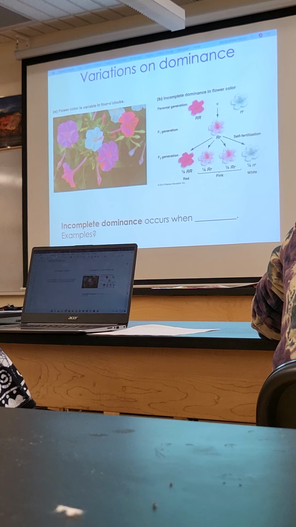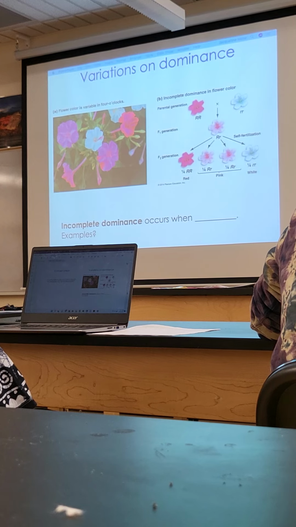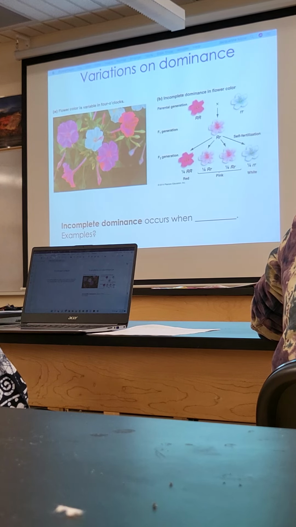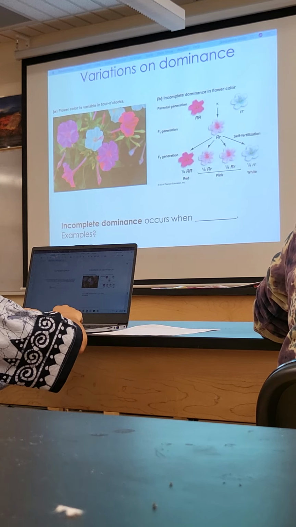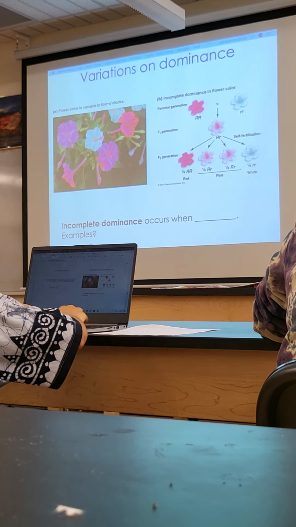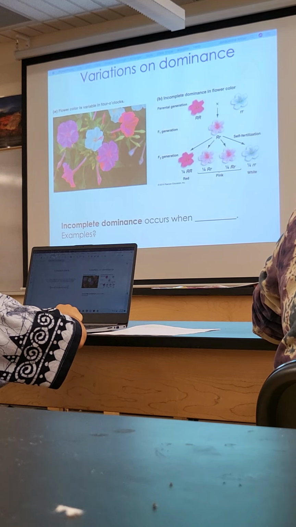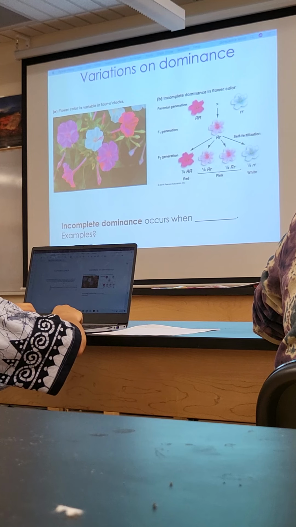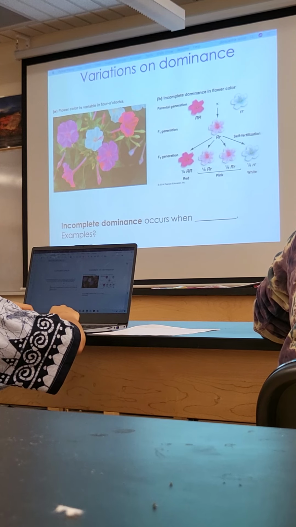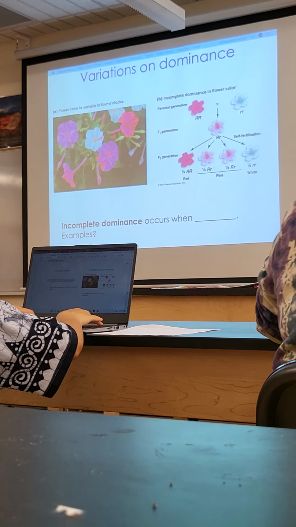So I guess actually let me add to our definitions here as we're going. If we said a dominant allele, if it's completely dominant, is expressed in both homozygous and heterozygous, what would you say for codominance? Codominance, what happens in the heterozygote that's different than with complete dominance?